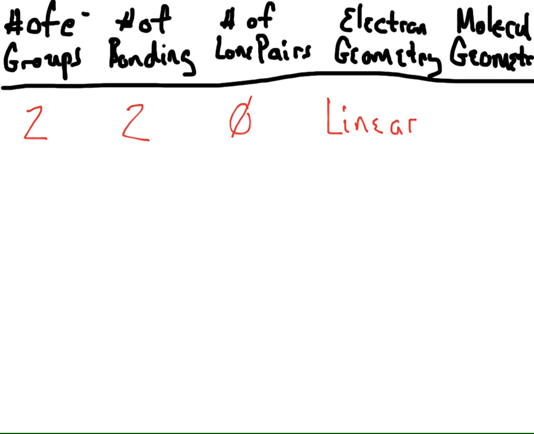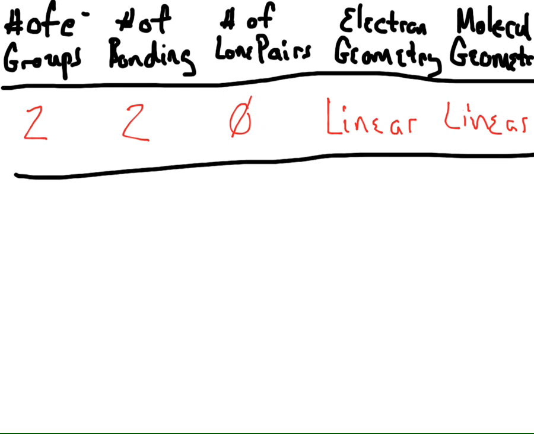It's only got 2 things. The best way to get them as far apart is linear, 180, right? Well, if they're both atoms, then it looks linear too. So the molecular geometry is the same. Like I said, if there's no lone pairs on the center atom, then the molecular geometry is the same as the electron geometry. Okay, that's the first case. So I'm going to draw a little line.